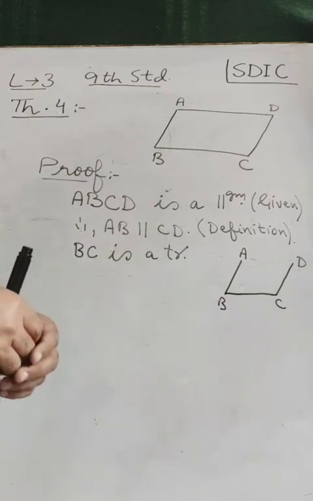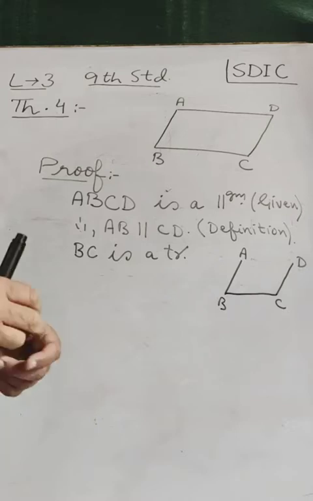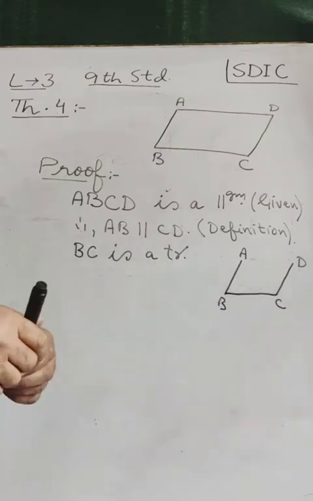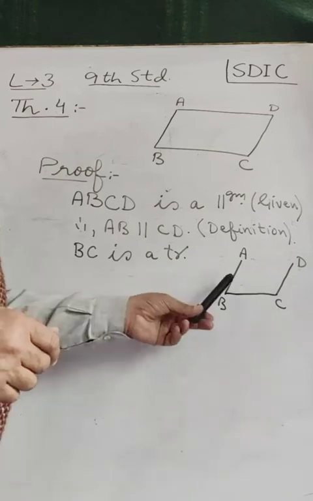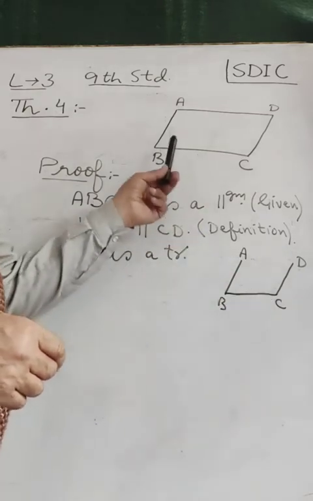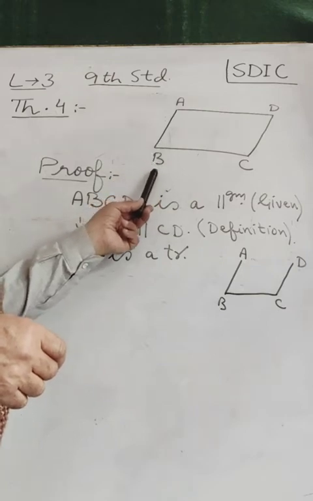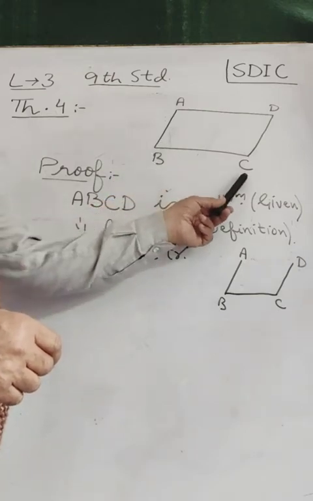And a theorem about co-interior angles we have proved in lines and angles. When lines are parallel, co-interior angles are supplementary. Their sum is 180. At B only one angle is formed, at C also only one angle is formed.